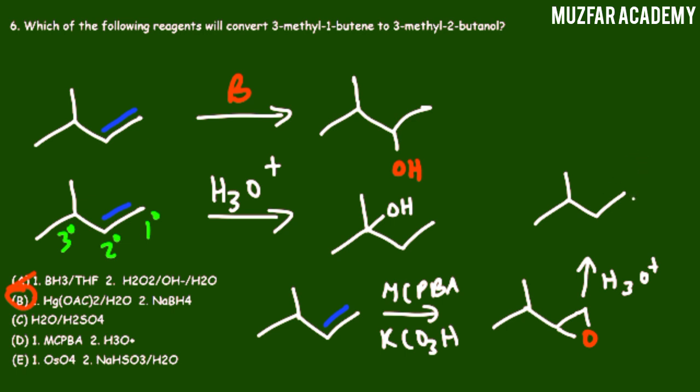So basically 2 alcohol groups, but with anti-addition. Now this first carbon is not chiral, so we don't have to worry about the stereochemistry there. The second carbon is chiral, and so you're going to get a mixture of enantiomers. You're going to get both the R and the S stereoisomer.